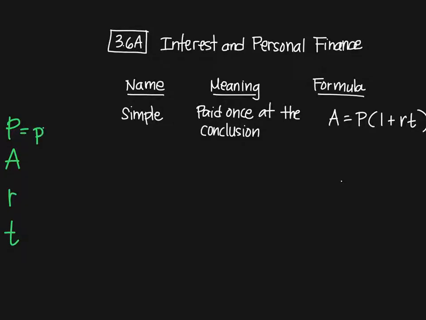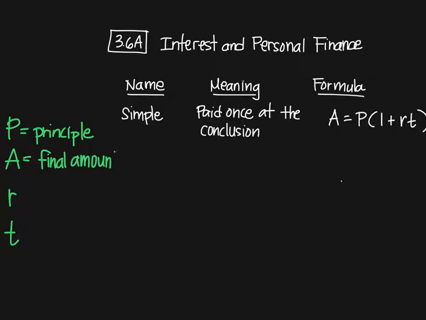P stands for principal. Principal is what you start with at the beginning, whether you're borrowing it or loaning it out to someone else. It's how much you start with. A is always the final amount.